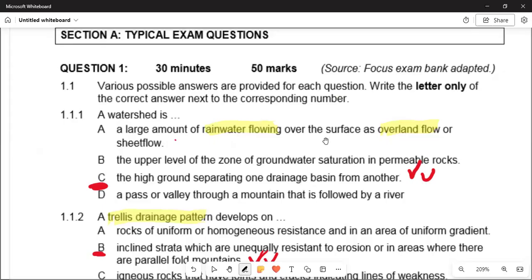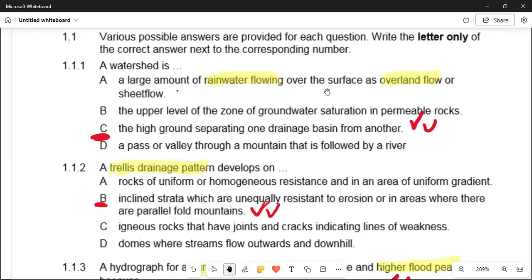Moving on to 1.1.2, we want to know the varieties of drainage patterns. Remember that concept, and refer back to the previous module on drainage patterns. It develops in number B. What is number B? It develops in inclined strata, which are unequal in resistance to erosion, in areas where there are parallel fold mountains.